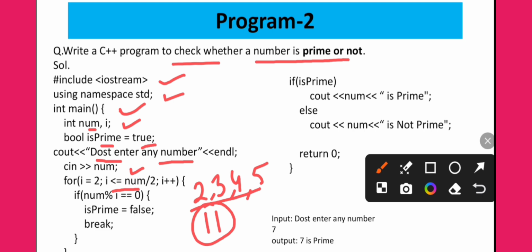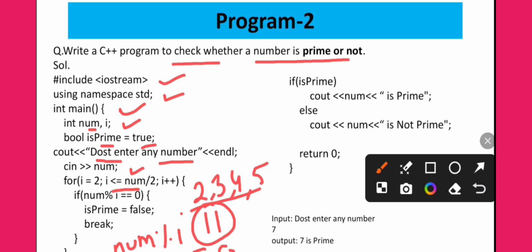How can we check whether the number is divisible or not? We use the modulo operator, num modulo i, which means we divide the number by 2. If it is divisible, we will have the remainder 0.